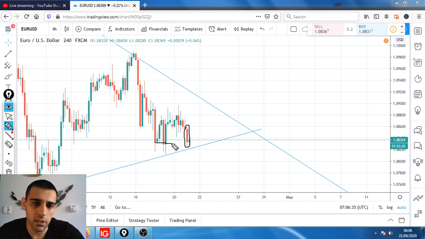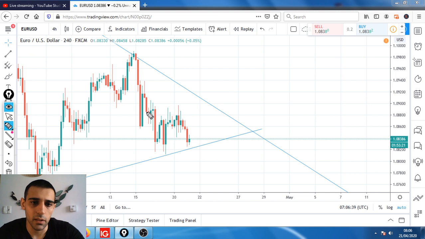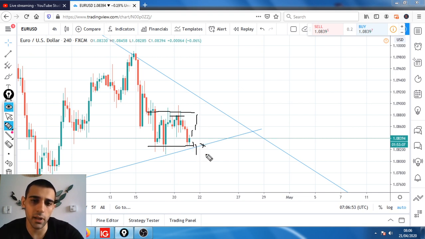However, it's sitting on this support, so we'll see whether, in this choppy range, it goes up, probably to here, or shows some strength to the downside. Ideally it starts breaking this trend line here, and then we'd be jumping onto the short side for a longer term target. But for now, we'll see what it does.